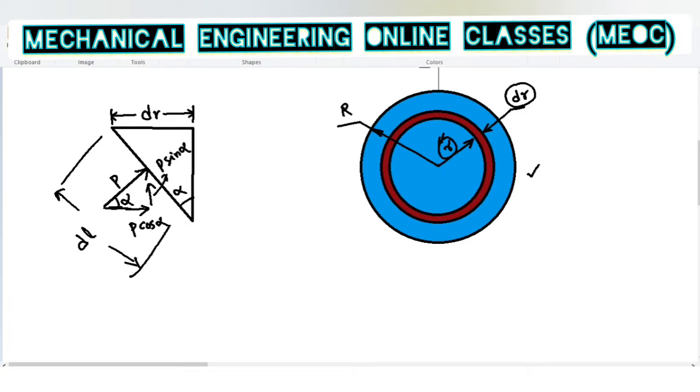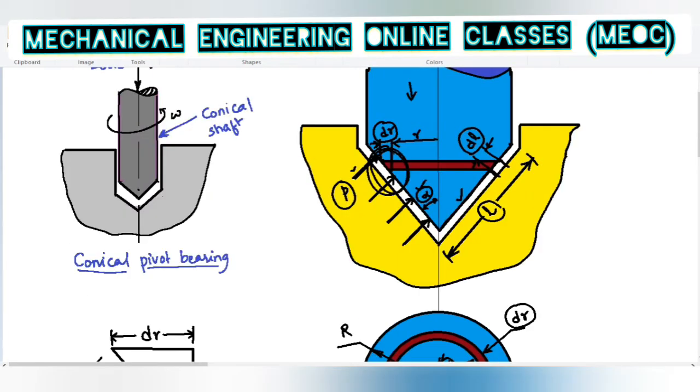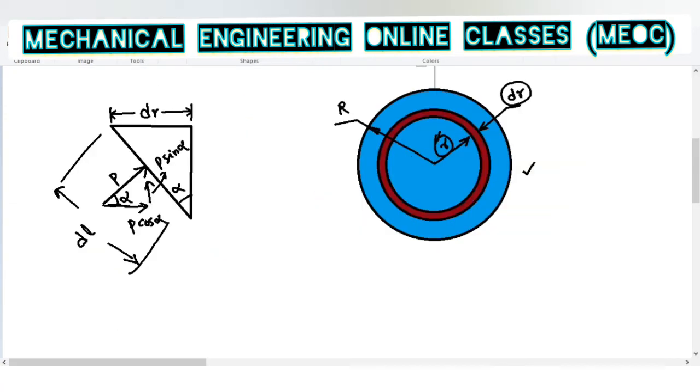So this is the enlarged view of this portion. There is a right angle triangle here, where this angle is 90 degrees. I will try to write dl and dr in terms of alpha.